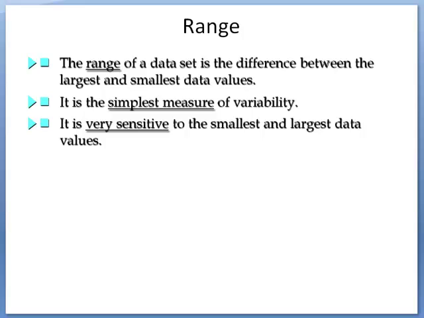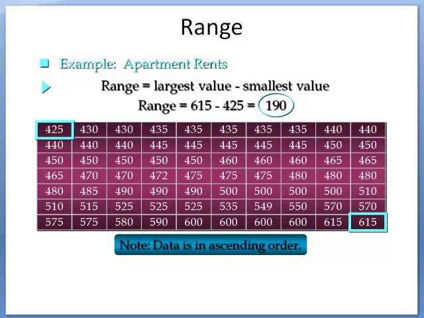The problem is that it's very sensitive to the smallest and largest data values, i.e., if you have extreme values, then your calculation of the range could be distorted. So again, in the apartment rents example, arrange the 70 observations in ascending order. The smallest value is 425, the largest value is 615, and hence the range is 190.